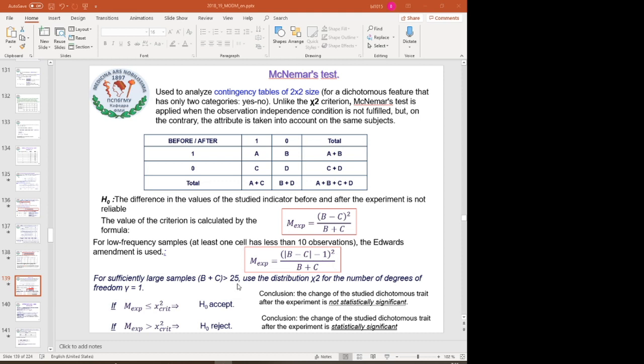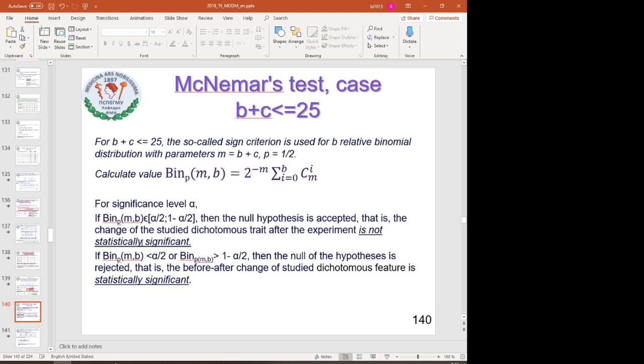If it is less than or equal to 25, then we can calculate the probabilities or p-value manually. How to do that? Let B plus C be the number of all patients that change the feature from 0 to 1 or from 1 to 0.